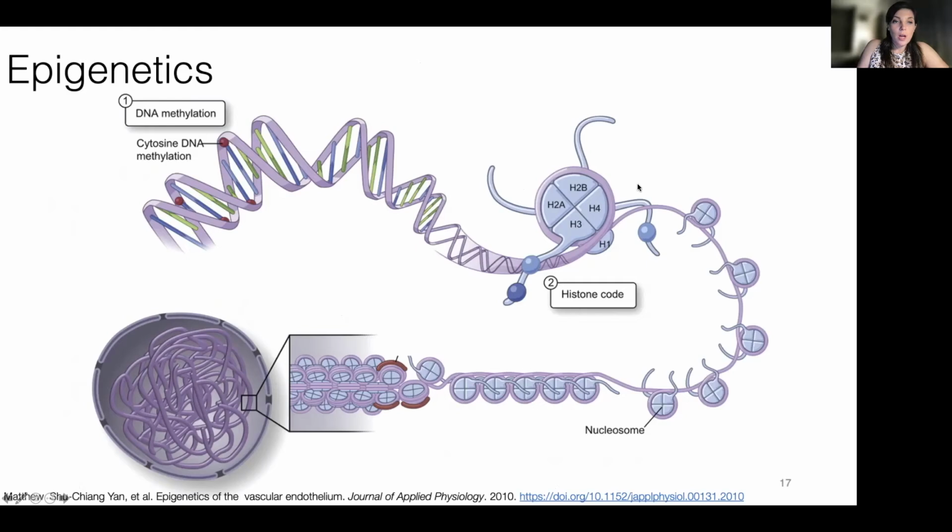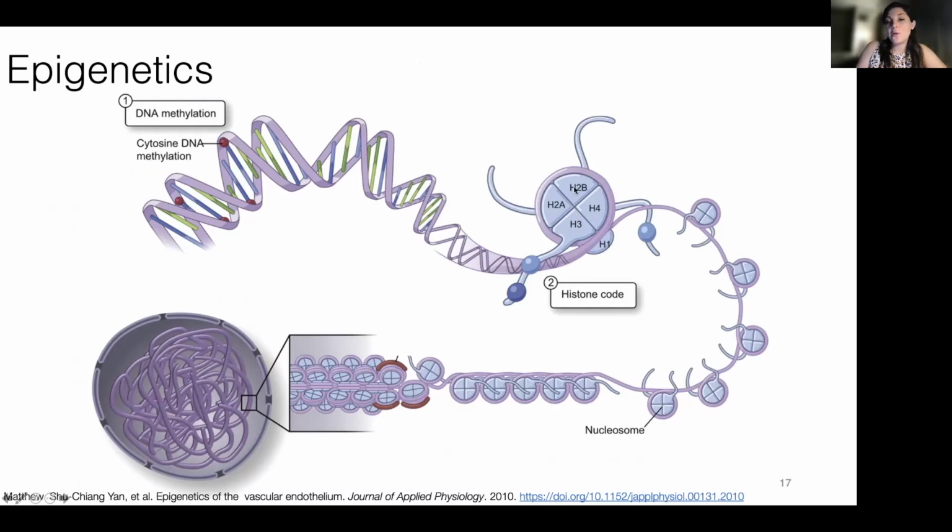So outside of chromatin, we also have epigenetic levels of modifications. And the two that are the most interesting for us are DNA methylation. So that's actually a cytosine within the DNA that has a methyl group attached to it. And then the histone code.